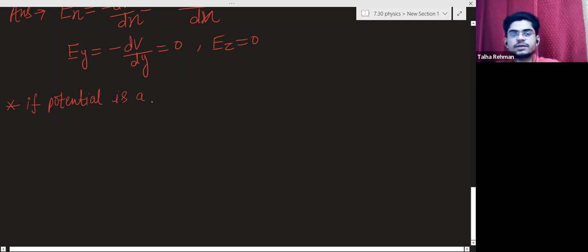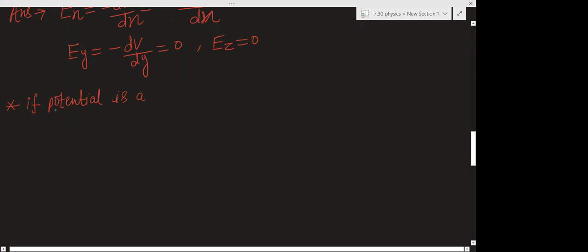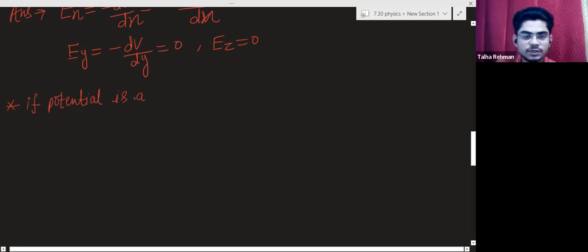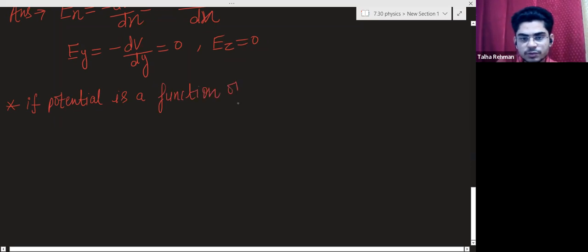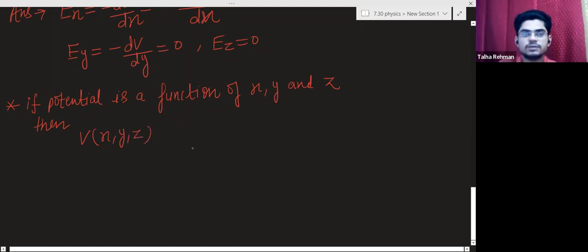These are some mathematical terms, this differentiation and all that. I am giving one example.